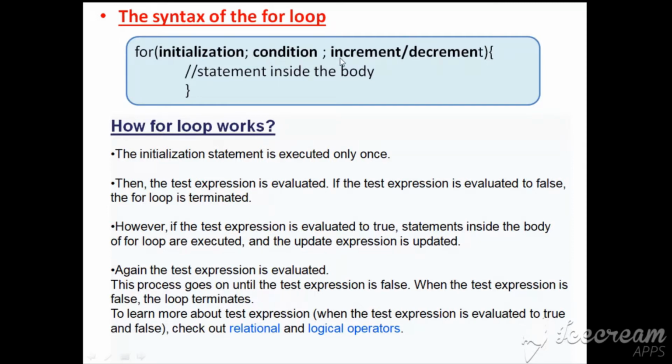So the for loop syntax starts with initialization, next the condition, up to which portion we want to iterate this loop, we put the condition here, and then we put the increment or decrement. Okay, so then we put a second bracket.